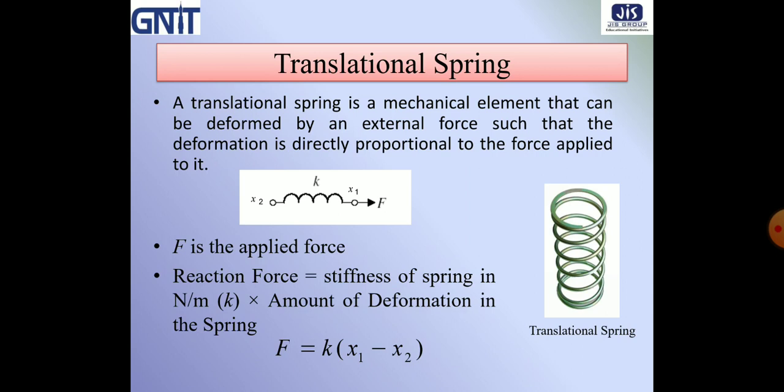That is, F is equal to k into x1 minus x2, where x1 is the displacement of end 1 and x2 is the displacement of end 2. So the main equation is F is equal to k times x1 minus x2, that is the force generated by a translational spring.